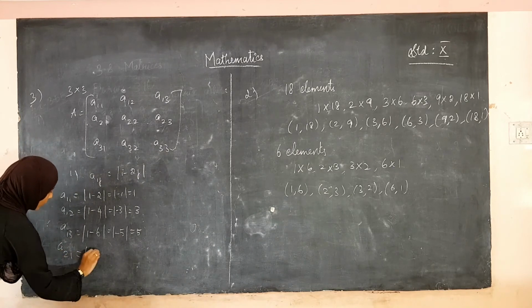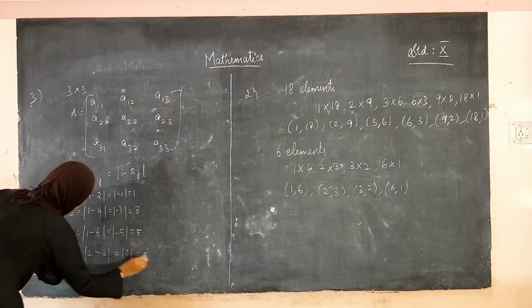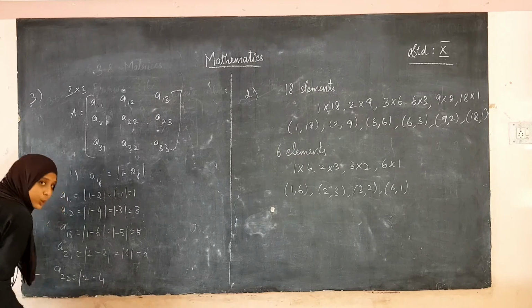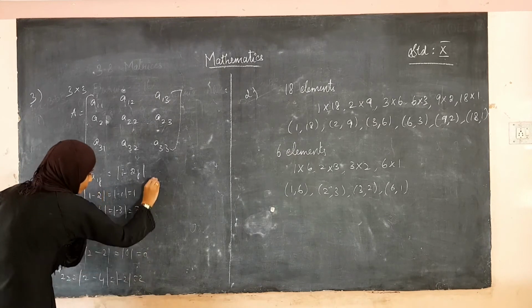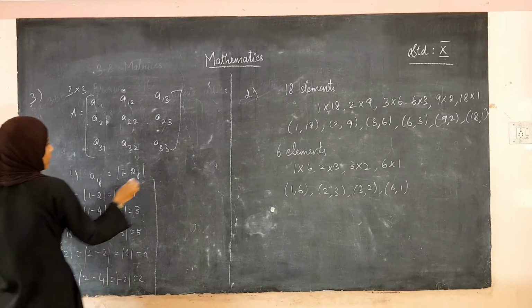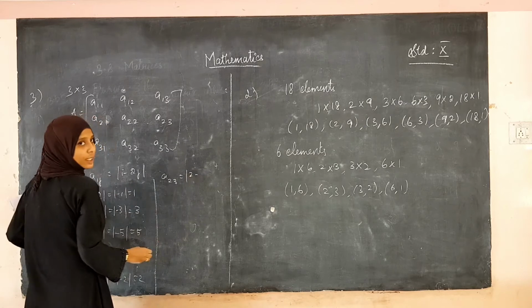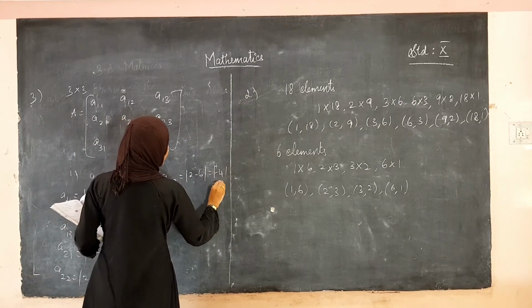A21, 2 minus 2 into 1 is 2 minus 2, which is equal to 0. A22, 2 minus 2 into 2 is 4, which is modulus of minus 2, that is 2. And again find the other values. A23, modulus of 2 minus 3 into 2 is 6, that is modulus of minus 4, therefore 4.